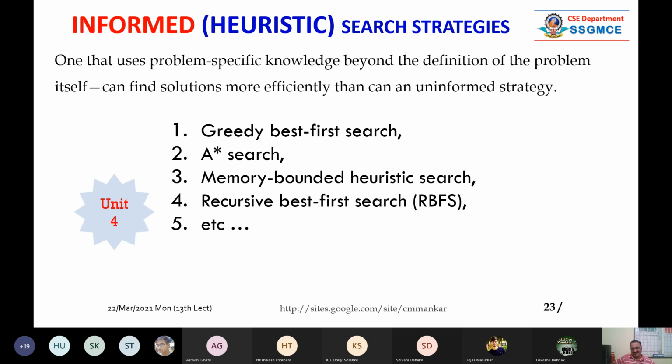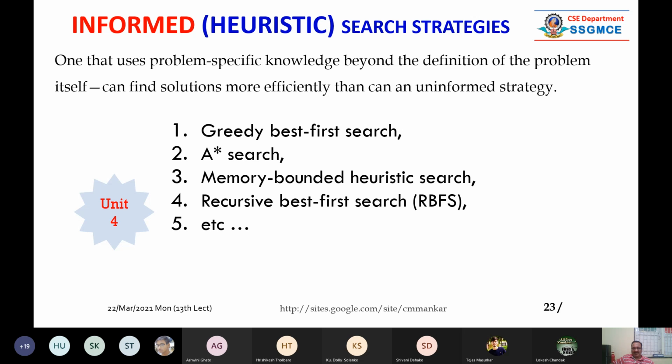It is not the time for that right now. You can take a screenshot. As I told you, we shall talk about heuristics later. Take a screenshot of this slide, it will be helpful to you. Informed search is the one that uses problem specific knowledge beyond the definition of the problem.